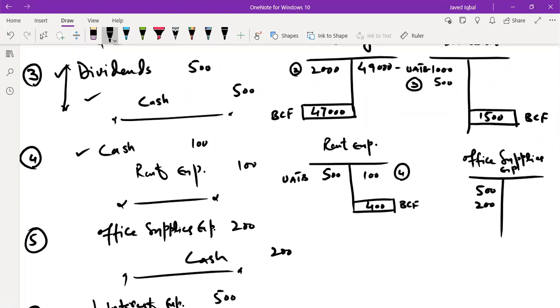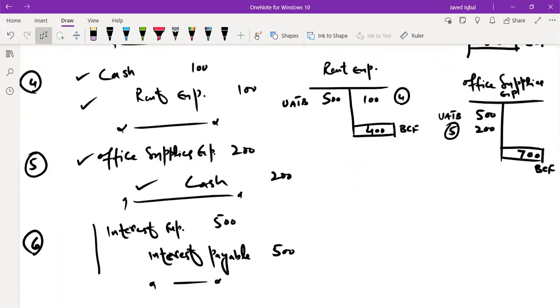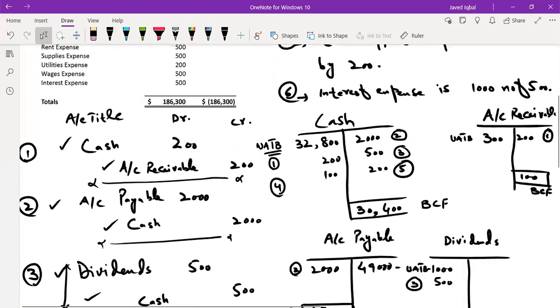This was your unadjusted trial balance, and this was from your transaction number 5. So now your balance carried forward is 700. So your transaction number 4 is also done, 5 is also done. Now you have transaction number 6. Your interest expense needs to go up by 500. So your starting balance was 500.